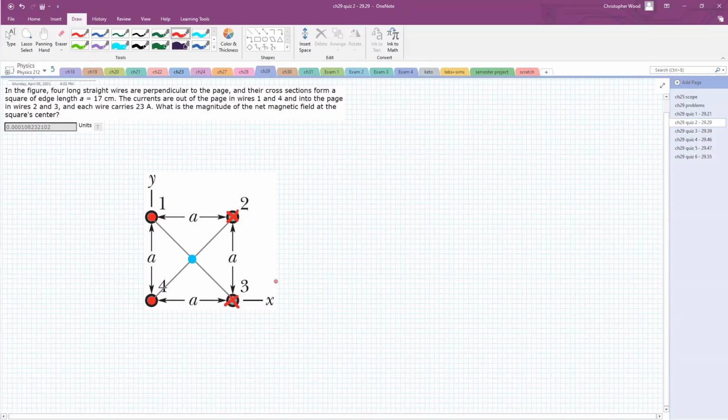All right, so let's just play the game. Let's focus on wire number 1. I'm going to draw a whole bunch of magnetic field lines. Well, it's a current carrying straight wire, so I don't know everything, but I know I have concentric circles. If I'm standing at this point, that's a concentric circle at that point. If I'm standing over here, that's a concentric circle that intersects that point. If I'm standing over here, this is a concentric circle, but I don't care about any of those because I care about Probert.